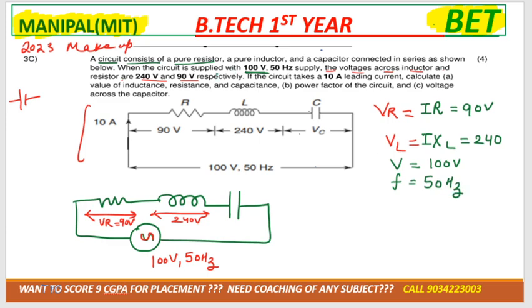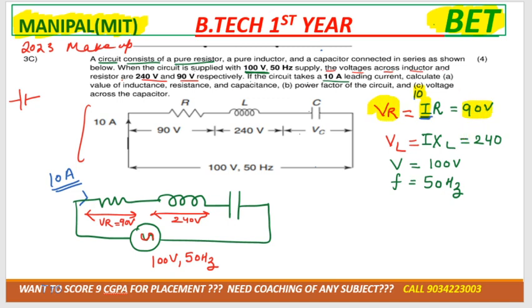Okay. Now they said if the circuit takes 10 ampere, means the current flowing in the circuit is 10 ampere. Leading or lagging I'll tell you later on. Means if I is given, that is how much? 10 ampere.